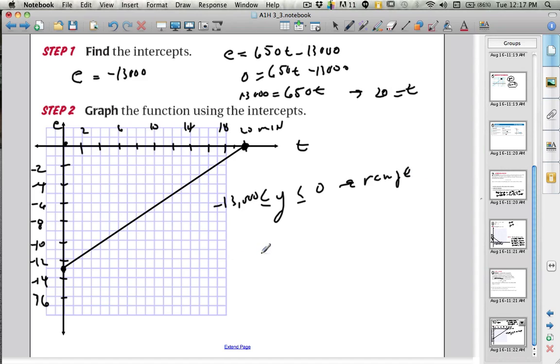My domain, I can't start in the past. So the time has to be greater than or equal to 0, and then less than or equal to 20 minutes. And domain is, of course, related to time, range to elevation. And that's it for section 3.3.